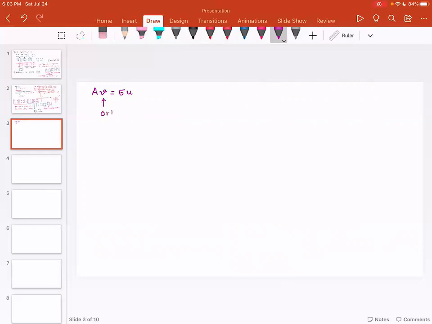So this is orthogonal. This is also orthogonal.